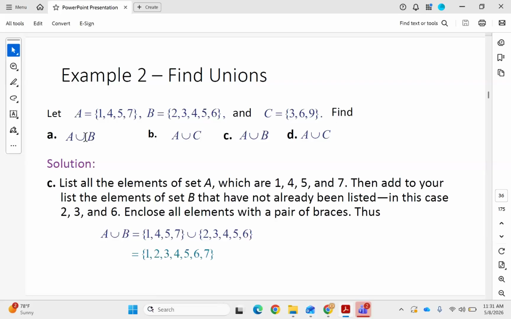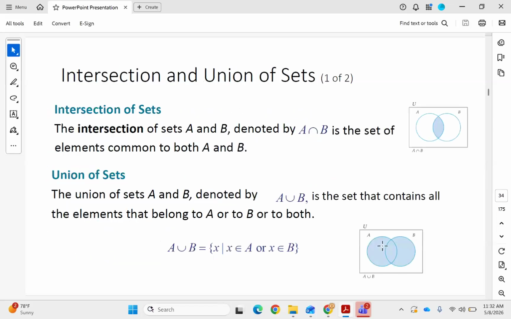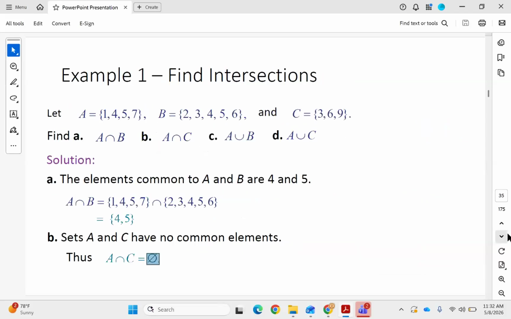Another example of the union, with exactly the same sets. If you do A union B, these are the elements that are in one or the other or both. It may seem surprising, but remember that when we talked about sets before, I mentioned that we don't repeat elements. When you look at the Venn diagram, I mentioned it's the total area, but without counting the area twice.